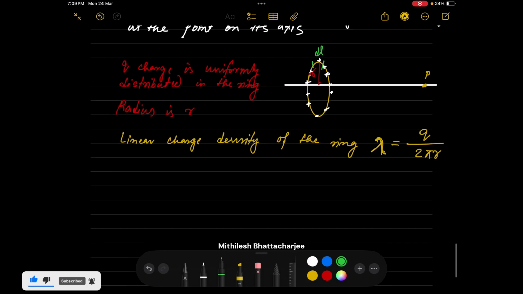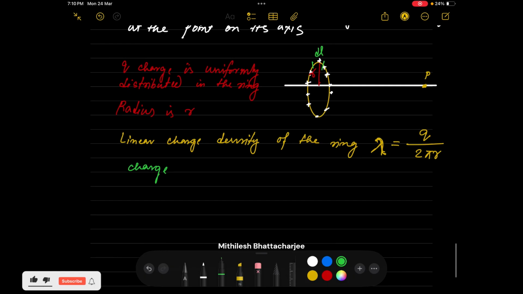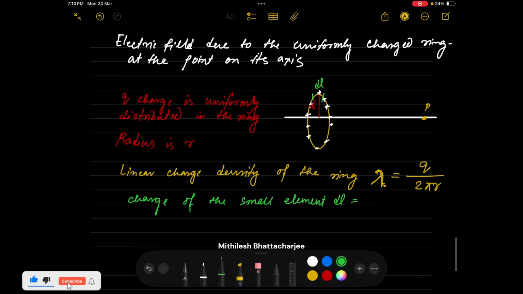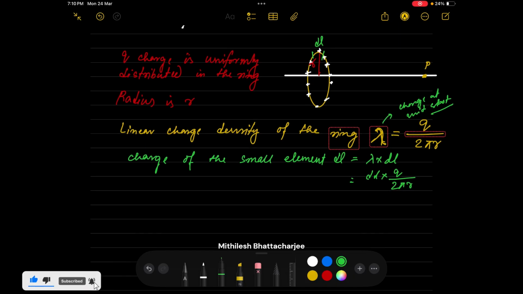The charge of this small element dl will be lambda into dl, where lambda is the linear charge density, the charge per unit length. So the charge on the dl element is lambda dl, which equals dl into Q by 2 pi R.